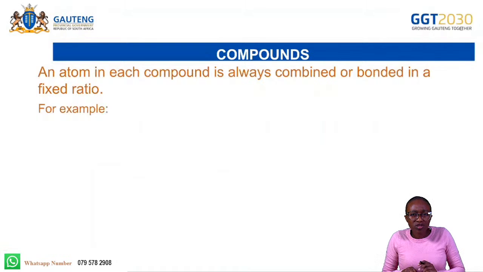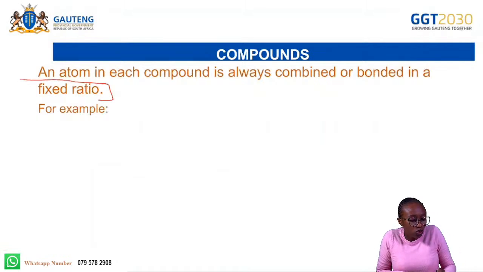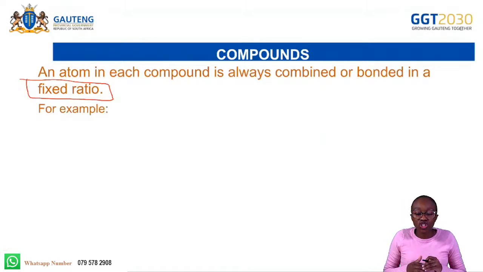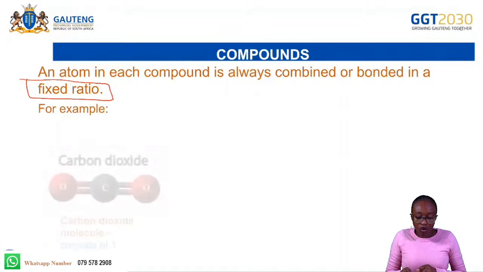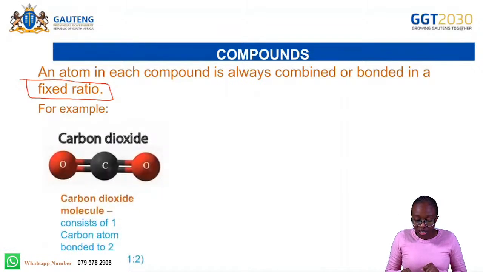Okay. Now, the atoms in each compound are always combined in a special way. They are always combined or bonded in what is called a fixed ratio. So when we're talking about compounds, each atom in our compound is in a fixed ratio. I have two examples. My first example is carbon dioxide.